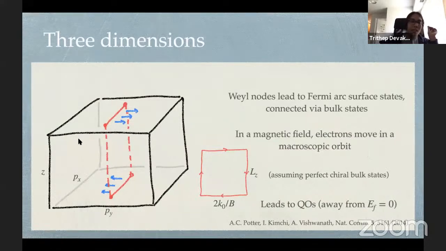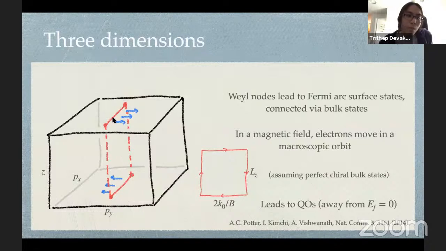In particular, one possible way to probe these would be, say, we know that these Weyl nodes in the bulk lead to Fermi arc states on the surface, and they're connected via bulk states. So in a magnetic field, what happens is that electrons enter the material. As they move, they feel the Lorentz force.